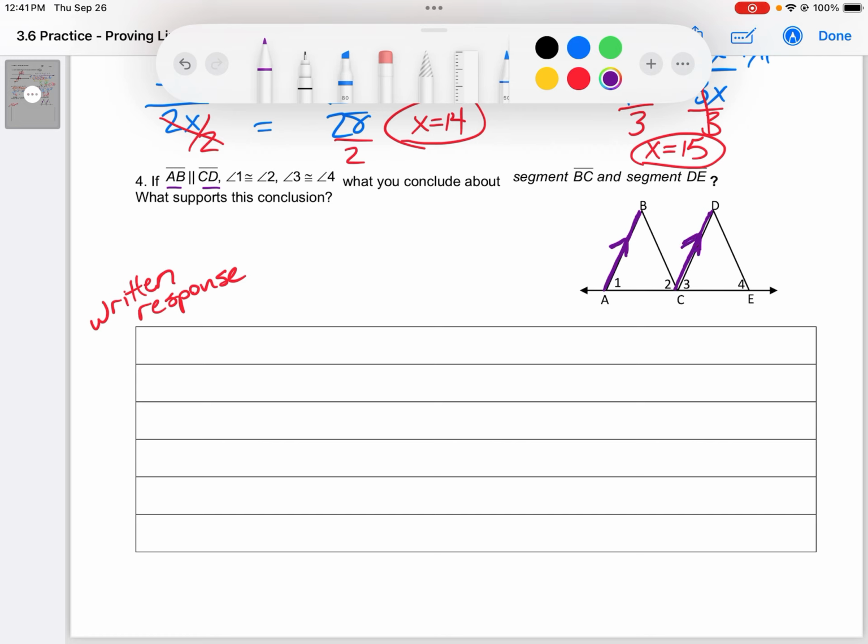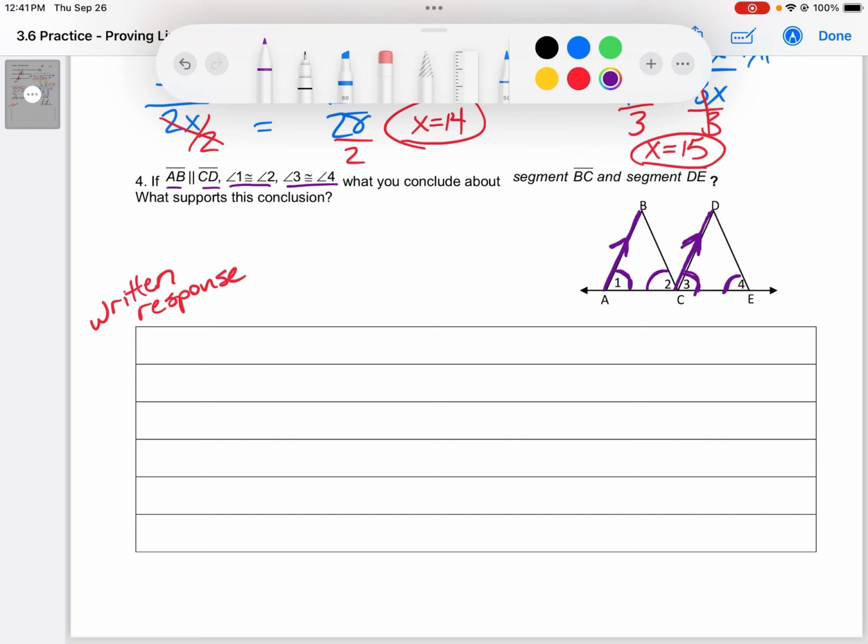Man, this one side is not cooperating. But I'm going to put the little mark to show that they're parallel. Then if that's true, and also if angle 1 is congruent with angle 2, so I'm going to put a little mark there to show that they're congruent. And also 3 is congruent with 4, so I'm going to put a little mark there so far.